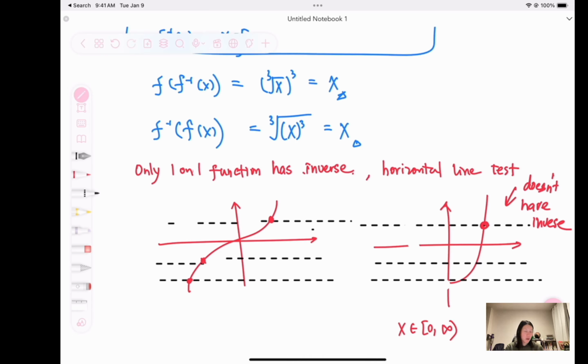Every time you have a horizontal line, it only intersects the original function at 1 point. So if I restrict the domain of a certain function, it can still have an inverse function. Okay, so that's very important.